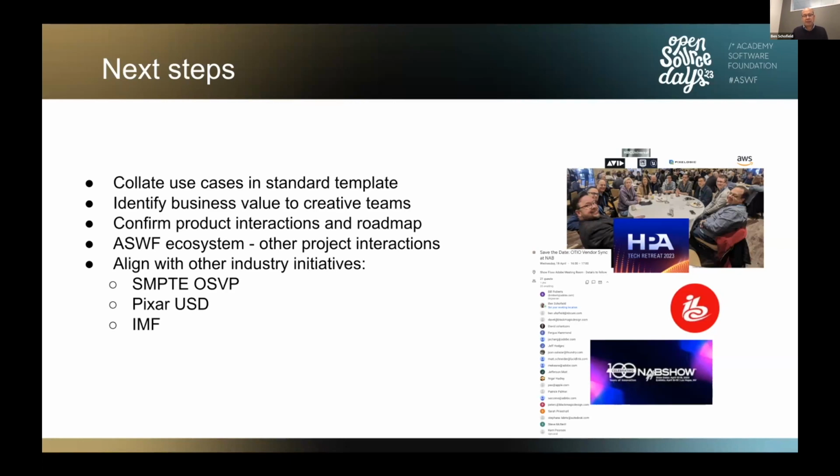There are other interactions with the ASWF ecosystem. So I think expanding on that content lifecycle and saying where do these pieces link together is important. And then looking at other initiatives. I also work on the OSVP group, which is about getting camera metadata.